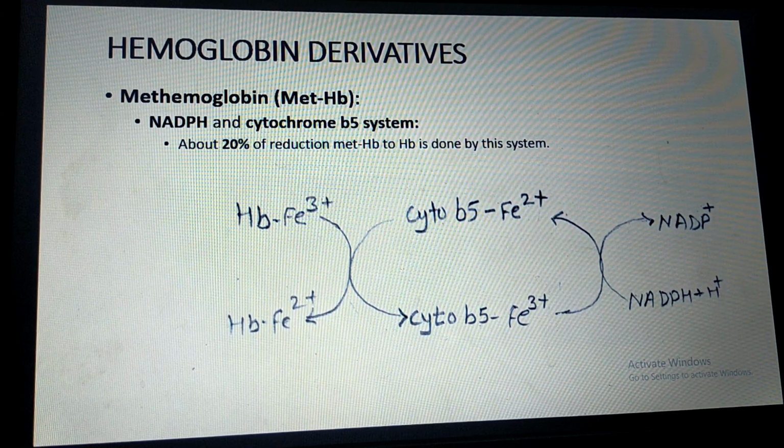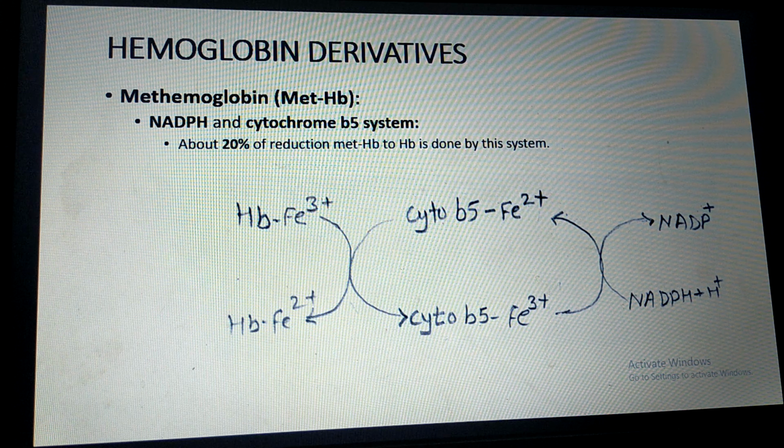Next is the NADPH cytochrome B5 system. Here 20% of the methemoglobin is converted into hemoglobin by this system. Here the same cytochrome B5 plays an important role in converting the methemoglobin into normal hemoglobin, but this oxidized cytochrome B5 is reduced with the help of coenzyme NADPH.